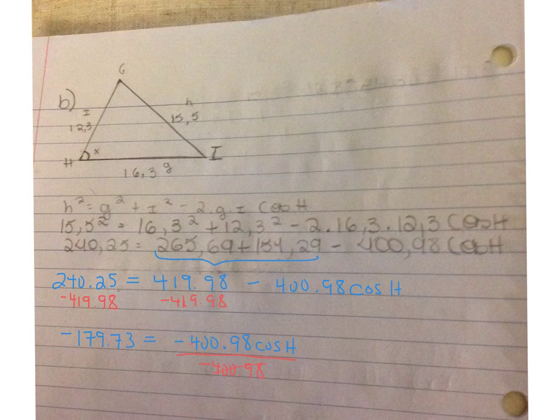So that undoes it here, but then we have to divide the other side by the negative 400.98.